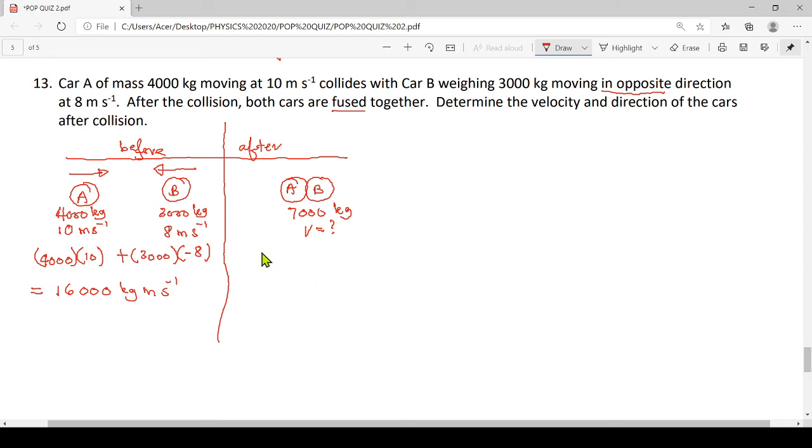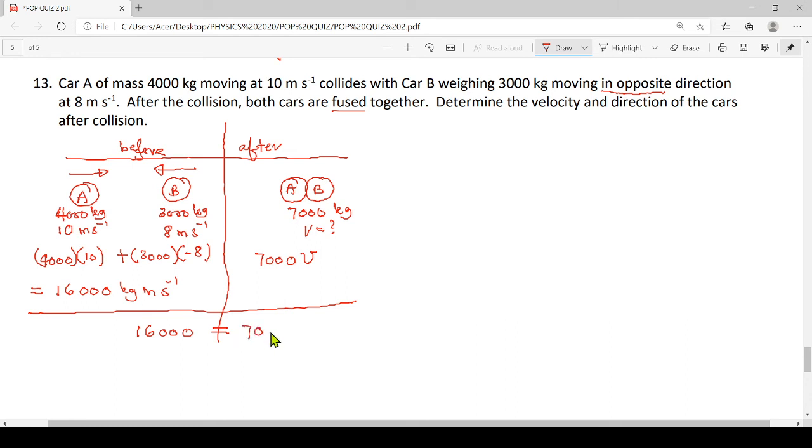And what about the total momentum after the collision? Again it's mass times velocity, so the mass is 7,000 times the velocity, which is something that we need to find out. This is the total momentum after the collision, and this here is the total momentum before. What comes next is the principle of conservation of momentum, which simply says the total momentum before the collision must equal the total momentum after the collision.